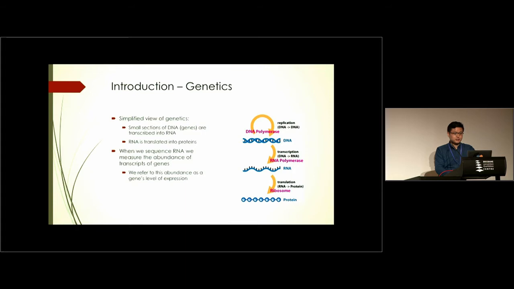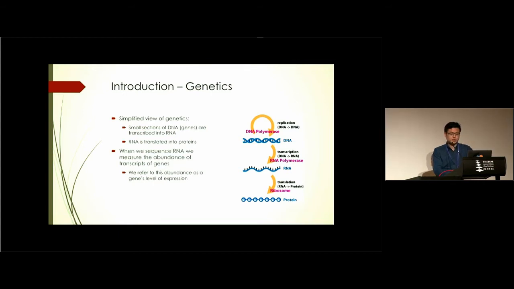And since I'm not assuming everyone here is familiar with RNA-seq analysis, I just want to go into some brief background into what we do and what kind of data we work with. So in a very simplified view of genetics, we have the DNA, which is then transcribed into RNA fragments, which is then translated into proteins. And the proteins are really what make up our whole bodies and what affects our biological functions.